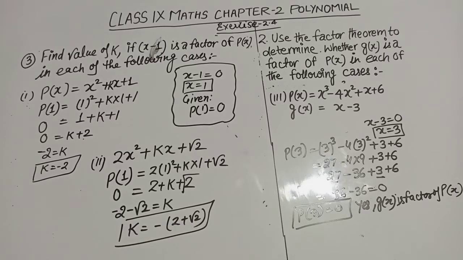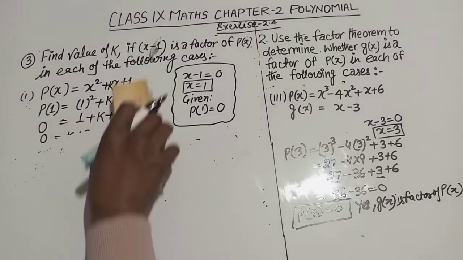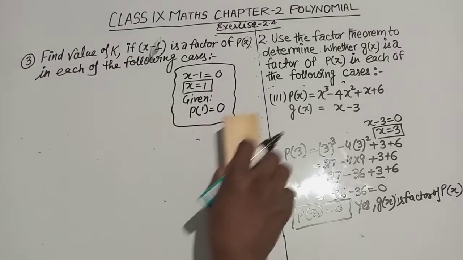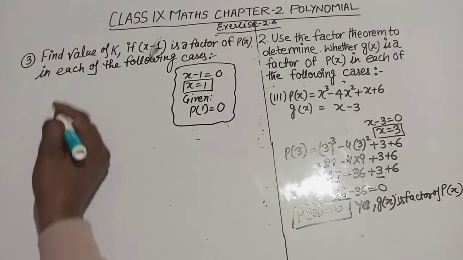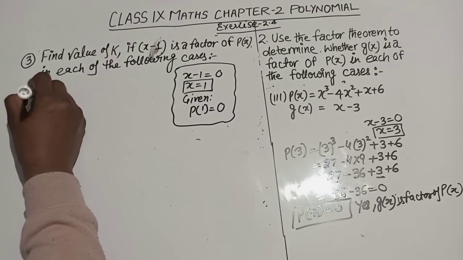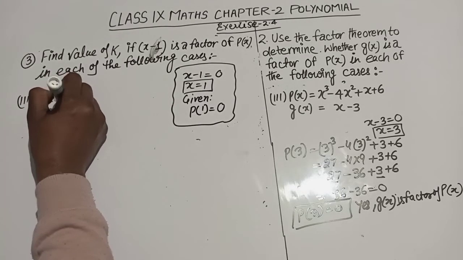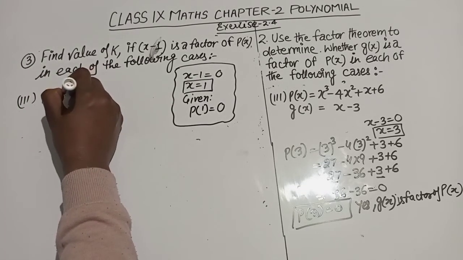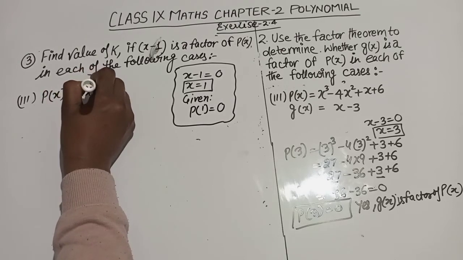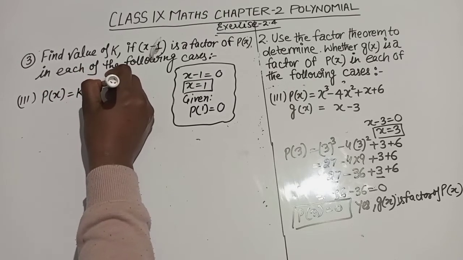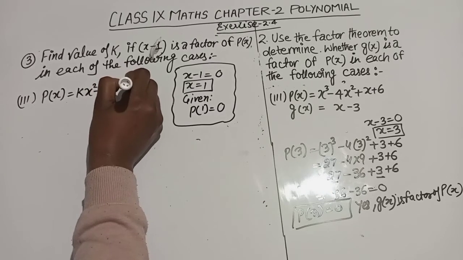I'm rubbing it. Okay, so we have more questions, the third and fourth. So let us do question number 3 and 4. The third is px is equal to kx squared minus root 2x plus 1.